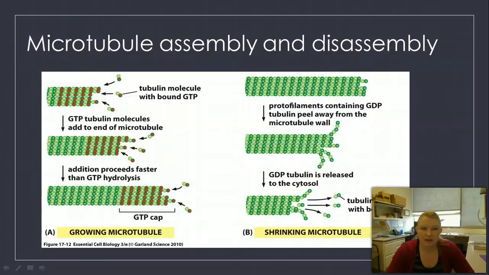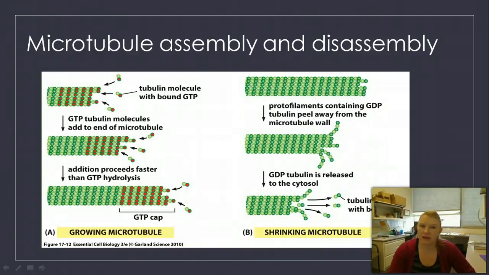You can see here an example of assembly and disassembly of the microtubule. Let's start with the assembly aspect. The tubulin molecules that we talked about, those alphas and betas, have an attached GTP molecule, and they add on and assemble as we see here. This assembly happens really quickly, and the GTP is just going to hang out there.